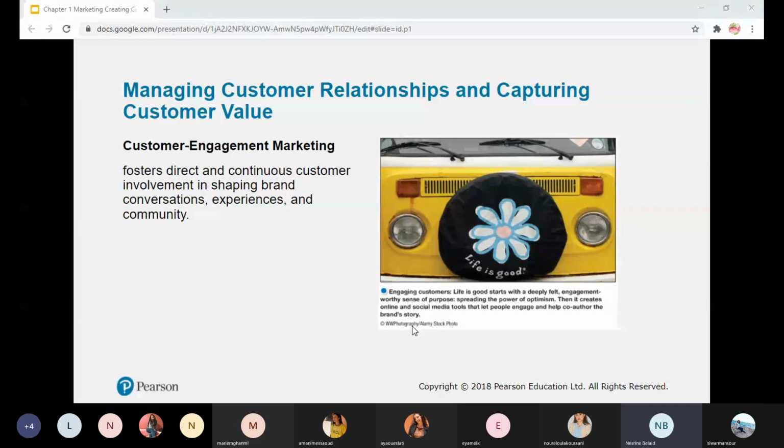Okay? So here I'm going to think about an example of a partnership. Okay, for example, we have the partnership between Topnet and Tunisie Telecom.